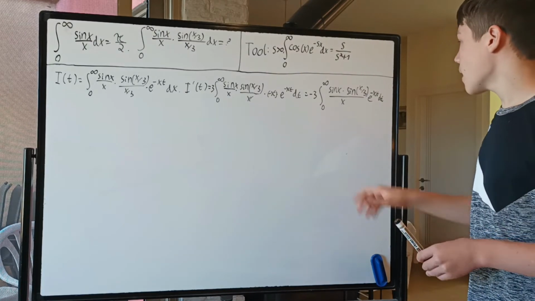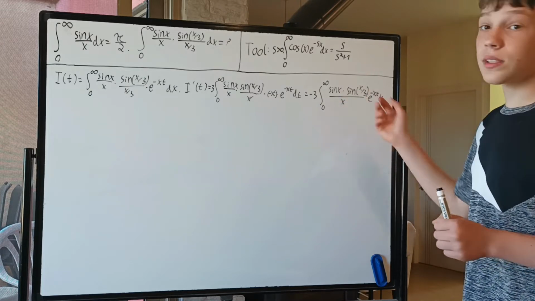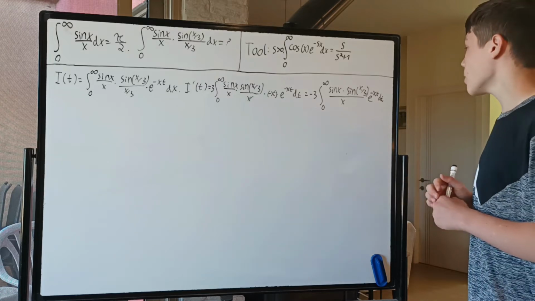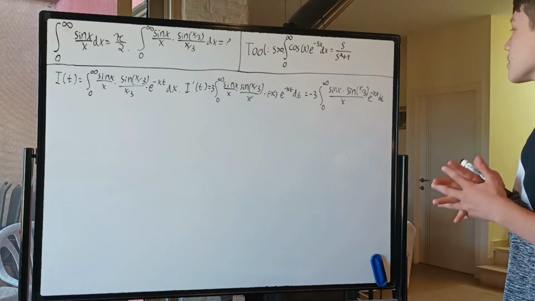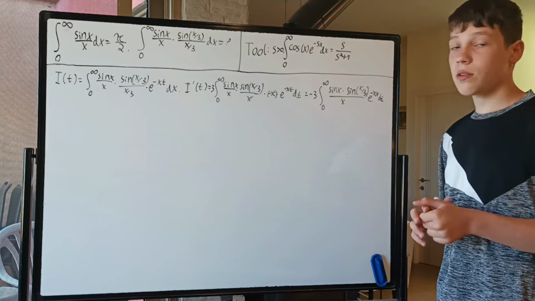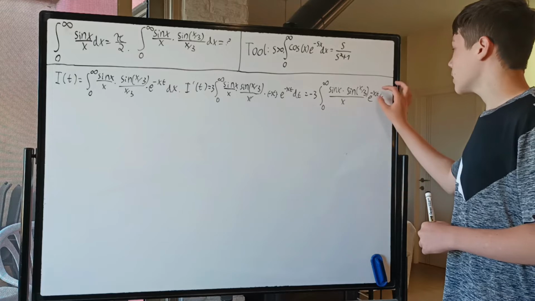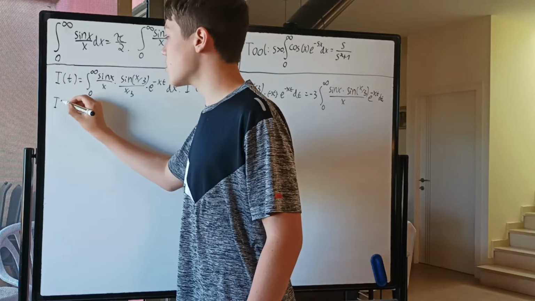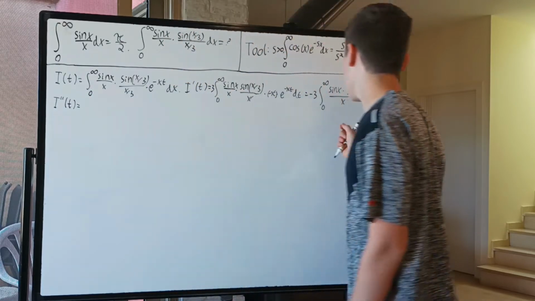If we get rid of this other x somehow, then we might be able to transform it into an integral that might be easy to work with in some sense. And you can see here, we got rid of one x by differentiating and getting this extra x. What if we do it again? Let's differentiate again to get the second derivative of I with respect to t.